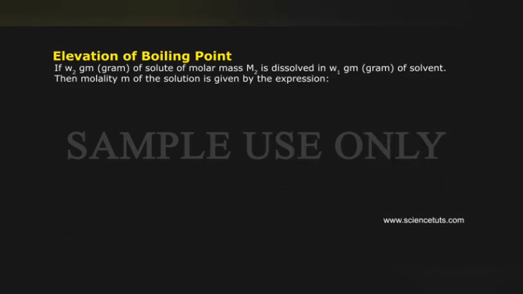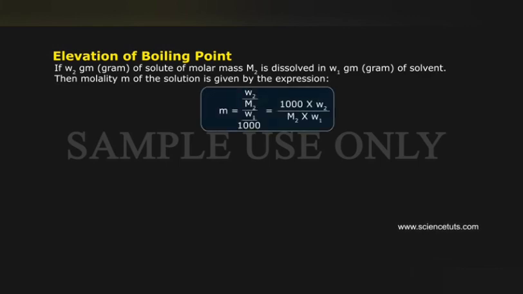If W2 gram of a solute of molar mass M2 is dissolved in W1 gram of solvent, then molality m of the solution is given by the expression m is equal to W2 by M2 divided by W1 by 1000, which is equal to 1000 into W2 by M2 into W1.